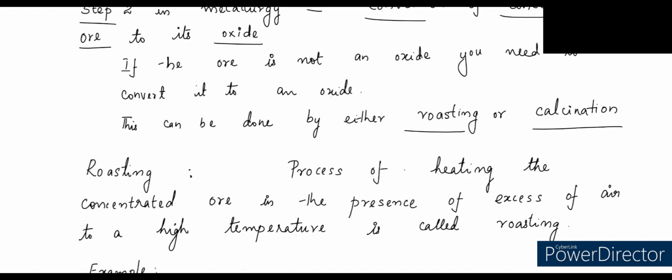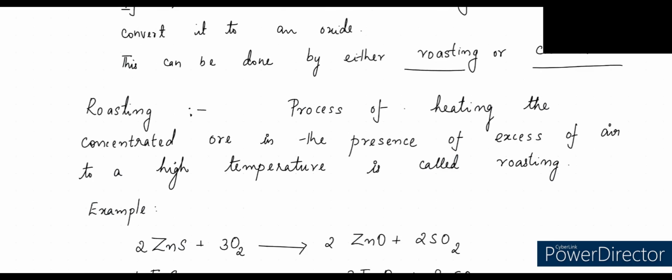Roasting is the process of heating the concentrated ore in the presence of excess of air. All right. So the key words here are heating of the concentrated ore in excess of air to a high temperature, or else you can write strong heating of the concentrated ore in presence of excess of air is called roasting.